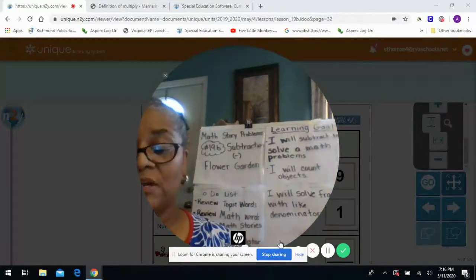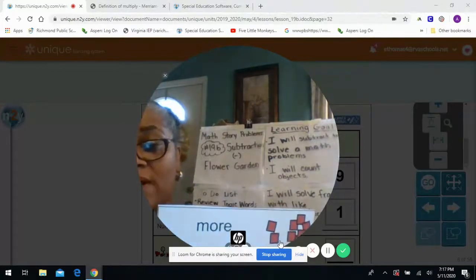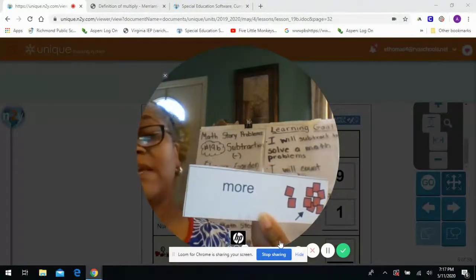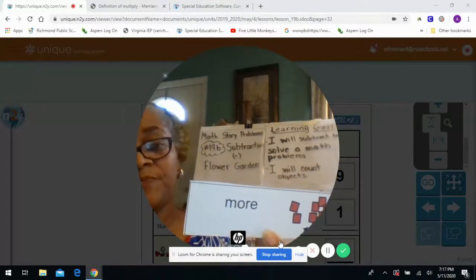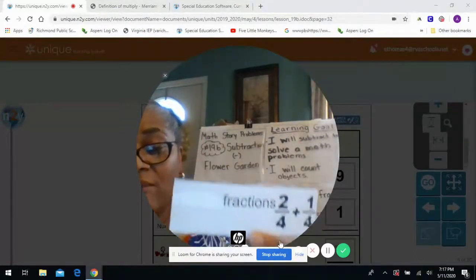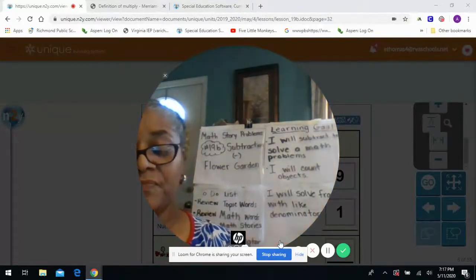So we're going to talk about subtraction today, and we're doing subtraction and addition. Our first word is more, amounting to large. These are our literacy math words. Amounting to a different number. A fraction is a part of a whole, and these are addition fractions.